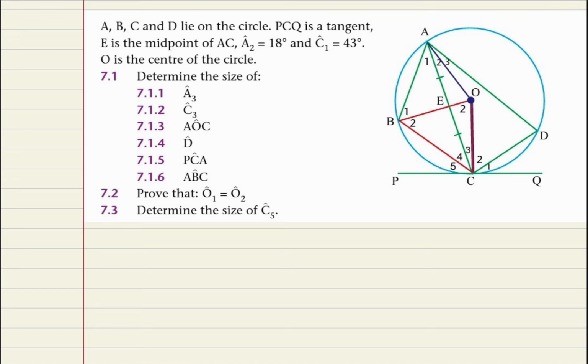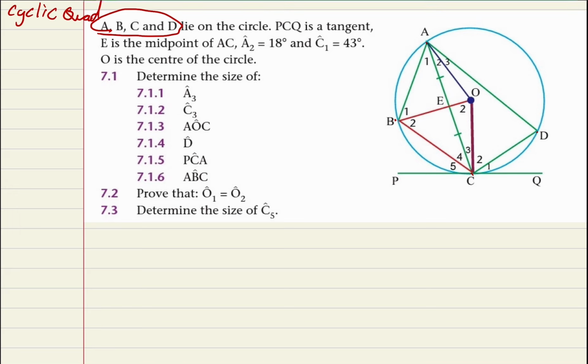So it is very important that we start with the information given. A, B, C, D lie on the circle. Here is A, here is B, here is C, here is D. In other words, they are telling us that this is a cyclic quad. So we just know this is a cyclic quad.